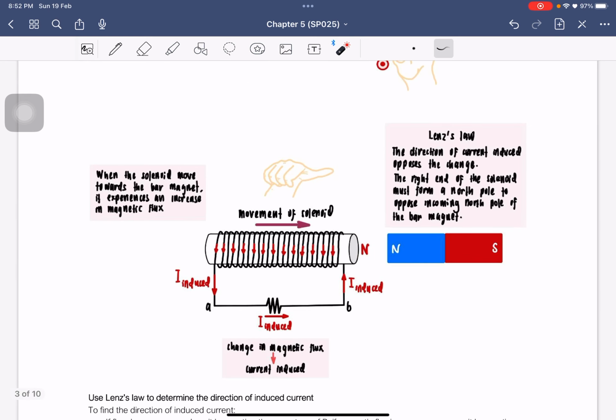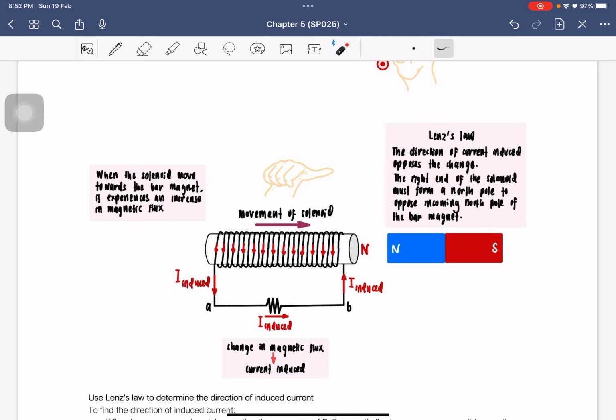Okay, so sekarang ni kita apply dia dalam kita punya this solenoid here. So when the solenoid moves towards the bar magnet, it experiences an increase in magnetic flux lah. So bila they experience a change in magnetic flux, there will be a current induced. So current ni sedang ada induced current lah flowing through this circuit.